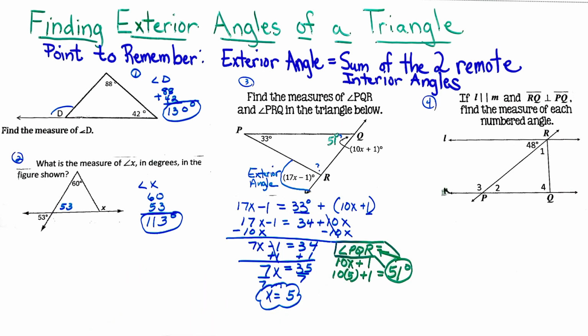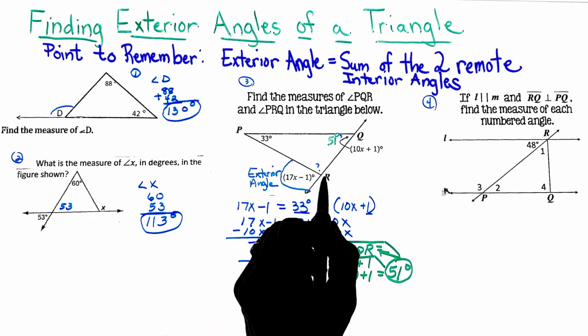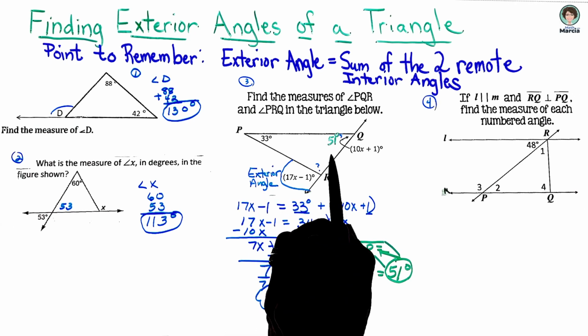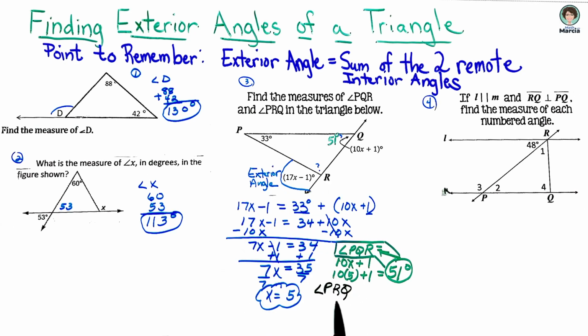So I am now going to find angle PRQ, and we're going to get that by adding 51 and 33. So 51 plus 33 is 84 degrees.